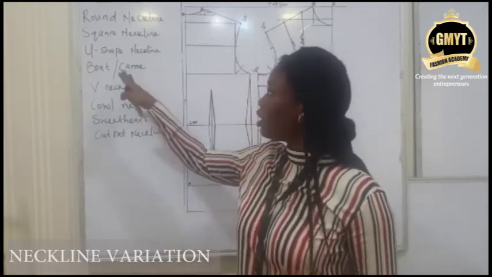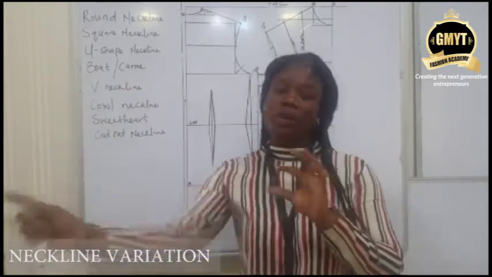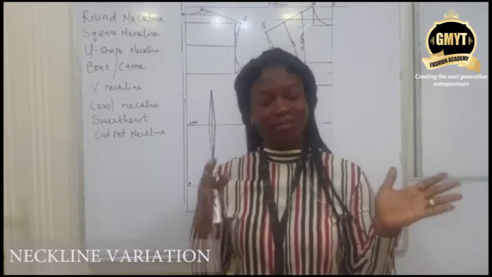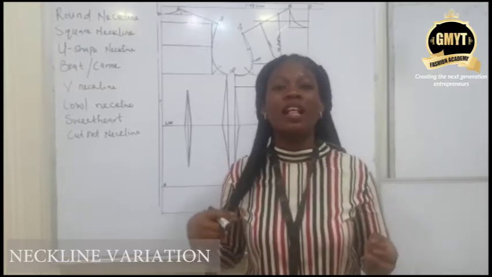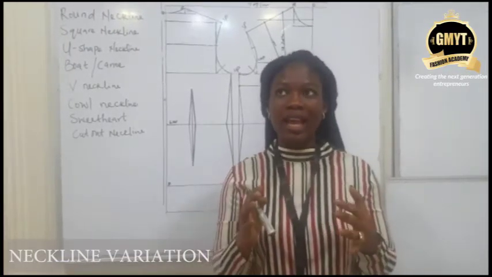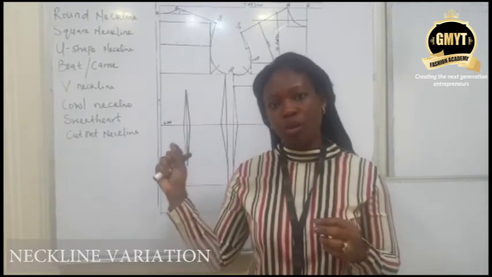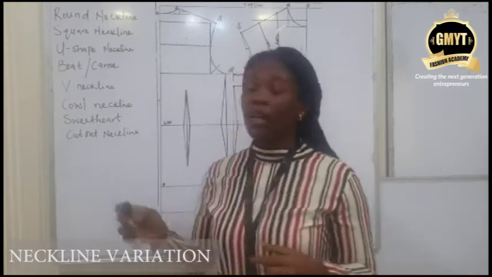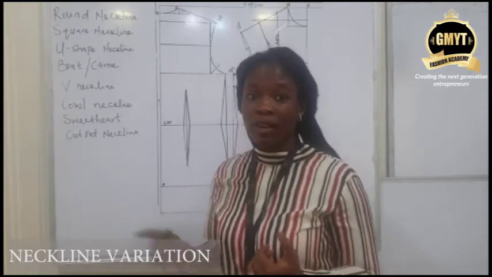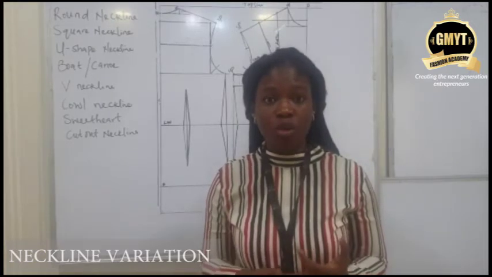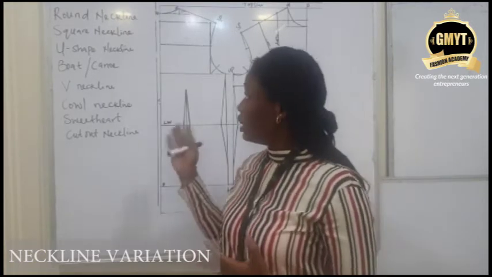But because it has a little more detail, the U neckline has a little difference from our normal round neck. So I listed under round neck the jewel, the crew, the scoop, and the round neck.